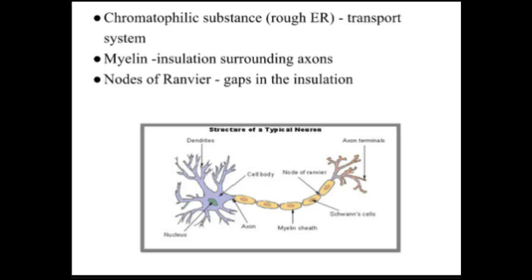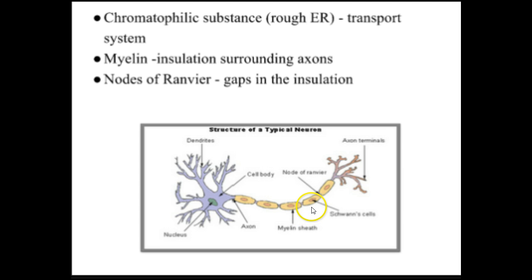So again, we have that myelin sheath, which is insulation surrounding the axons, and myelinated neurons compared to unmyelinated neurons actually are able to transmit nerve impulses faster. And then we have our nodes of Ranvier, which are the gaps in the insulation, and you can see them right here.